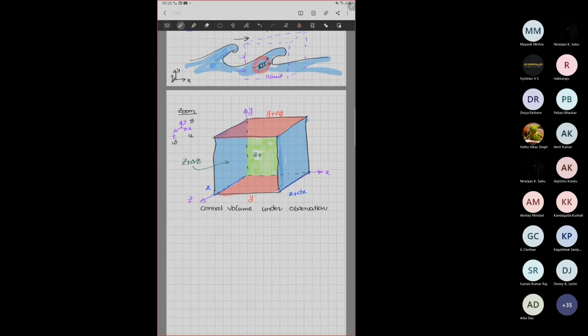Now the budget we are trying to do is for the control volume. In that, we are looking at the mass conservation principle.